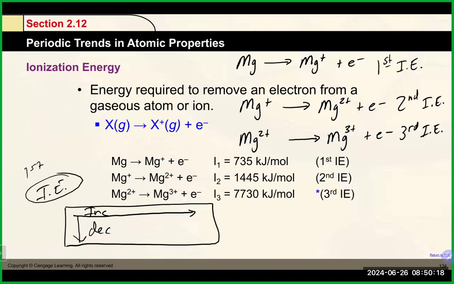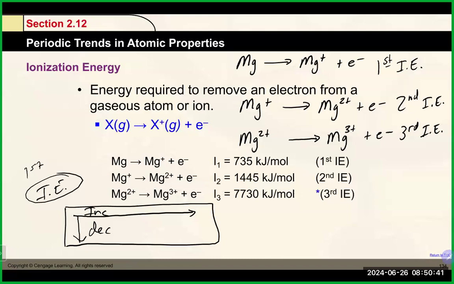So let's talk a little bit about the idea of first, second, and third ionization energy. Is it easier to remove the first electron or the second? Which one would be easier to do, you think? The first one should be easier. What happens when we lose an electron, right?